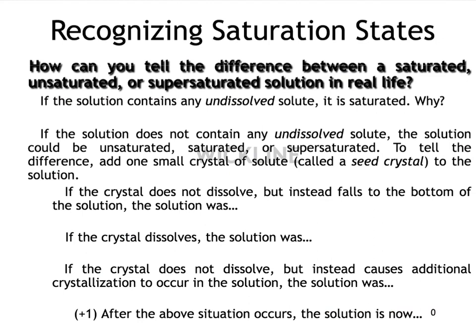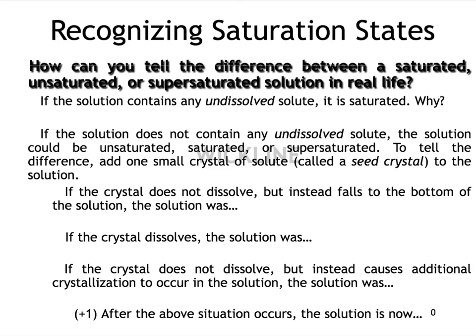So, recognizing saturation states. How can we tell the difference between saturated, unsaturated, and supersaturated solutions in real life? The first thing you need to realize is that if there is any undissolved solute at the bottom of the flask, it is always saturated. The reason for this is the definition for saturation. Saturated means that a solvent is holding the maximum amount of solute that it could possibly hold.